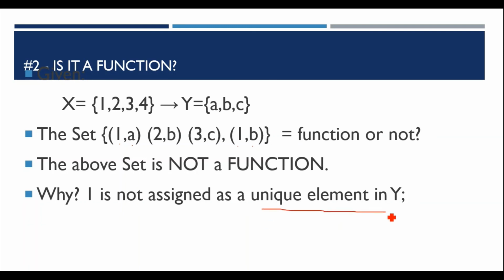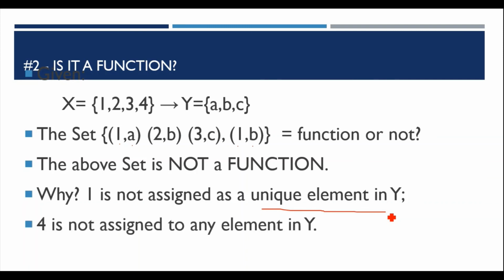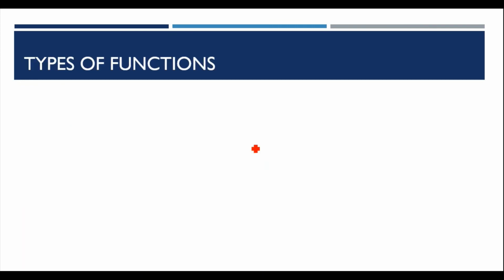That is why it is not a function. But of course, not only that, because the element 4 is also not assigned to any element in Y. Okay, so element 1 is not assigned to a unique element, and 4 is not assigned to any element. So that's the reason why the given set here is not a function.